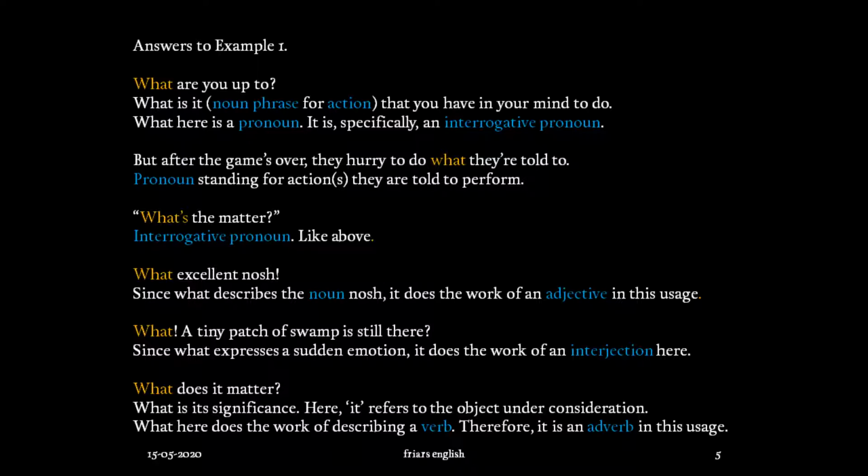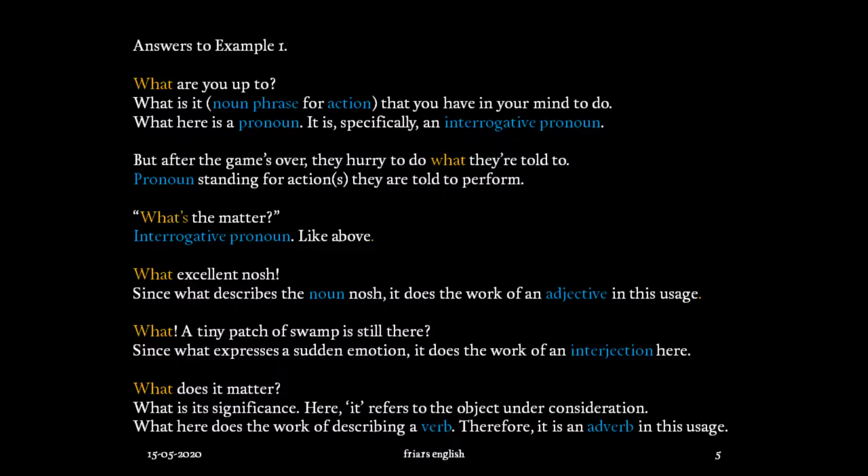Now, what? A tiny patch of swamp is still there? Here it is simply an interjection, because it's expressing an emotion, and there's no other use of what here. Alright. Finally, what does it matter? What is its significance? Whatever the thing that is being talked about, whatever it refers to, its significance is being called into question.